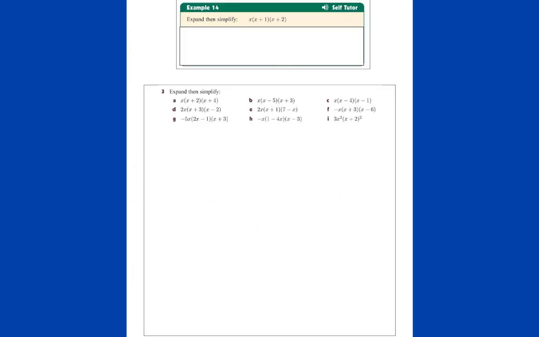Okay, this is fairly similar to what we just did then. We're going to expand out the double brackets first. So x squared plus x plus 2x. Simplify that down.